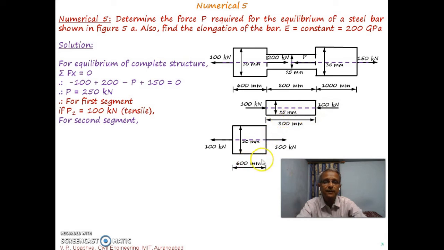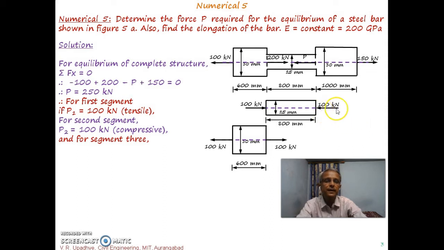So try to understand. Now segment 1 is tensile, and segment 2 will be compressive. Okay, and together at this joint it will be 200 kilonewton force applied. So for segment 2, P2 becomes 100 kilonewton compressive.